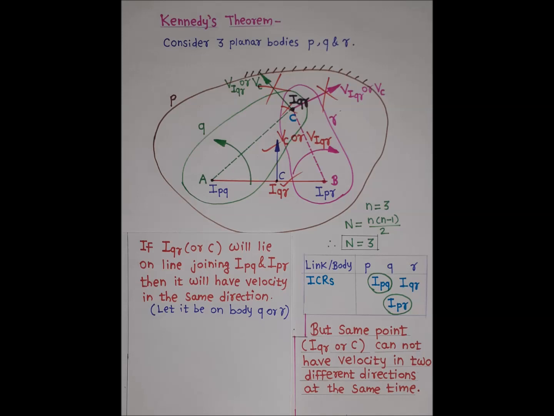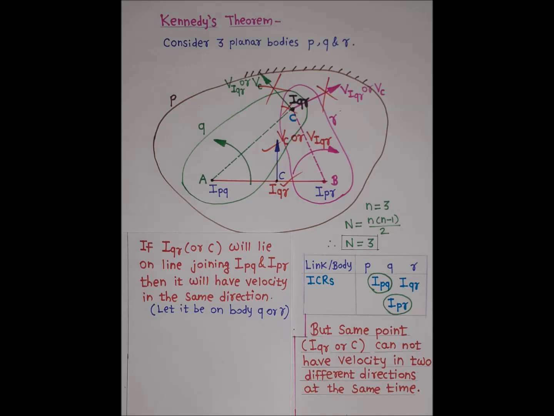If IQR will lie on body Q, which is rotating in anticlockwise direction, here we can notice if IQR will lie on line joining IPQ and IPR, then VIQR, that is velocity at ICR IQR, will be in upward direction. If IQR will lie on body R, which is rotating in clockwise direction.